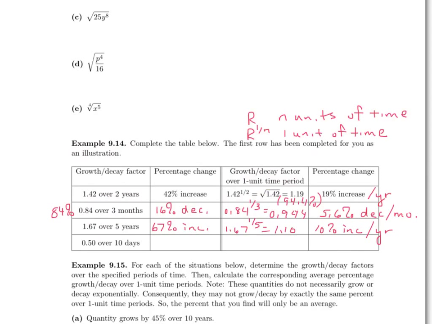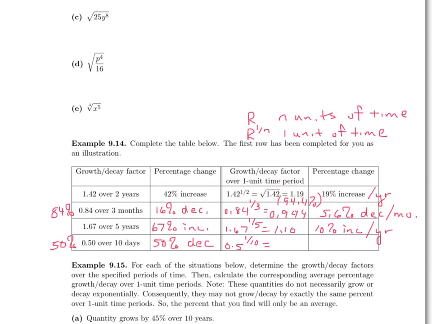Finally, if we look at our fourth row, we have a factor of 0.5 that corresponds to 50% remaining, which means we've lost 50%. We've experienced a 50% decrease over a 10-day period. If we want to figure out what the factor is over a 1-day period, we take our 0.5 and we raise it to the 1/10th power.